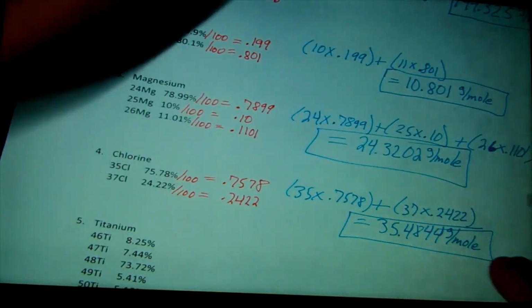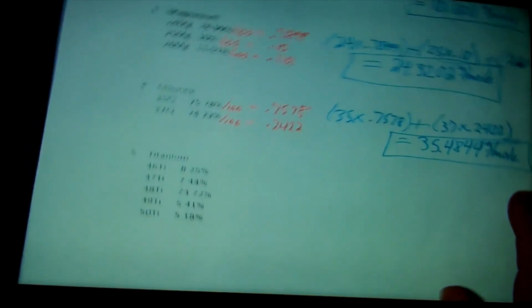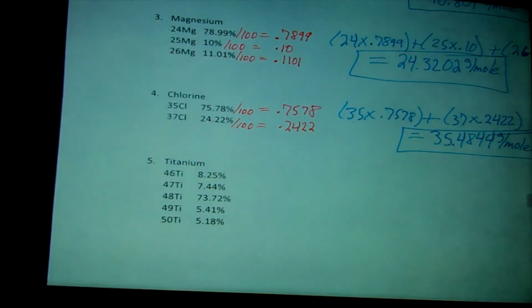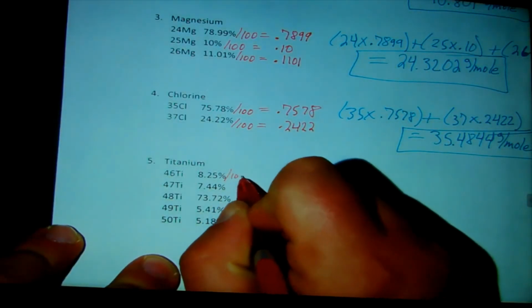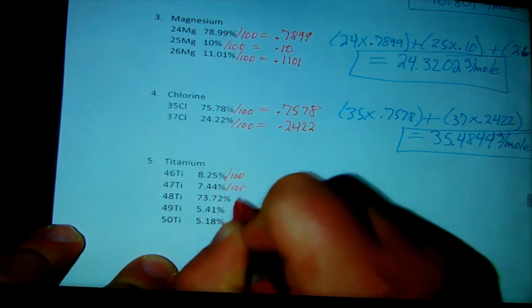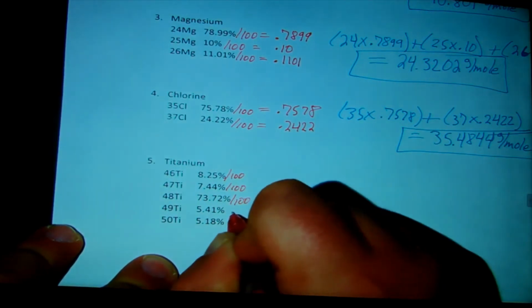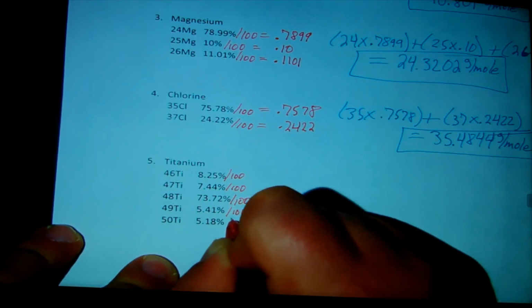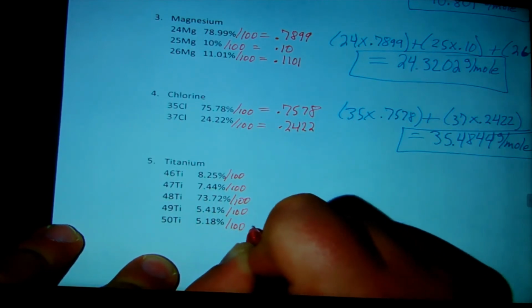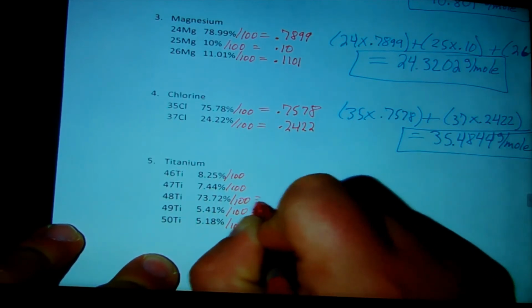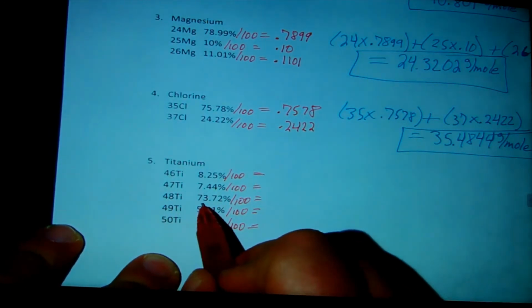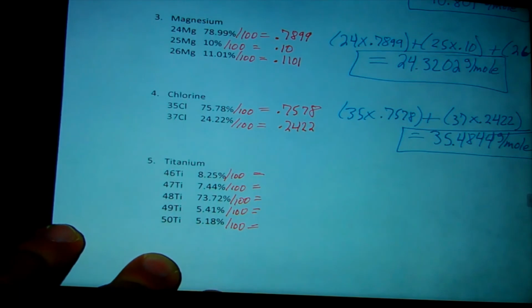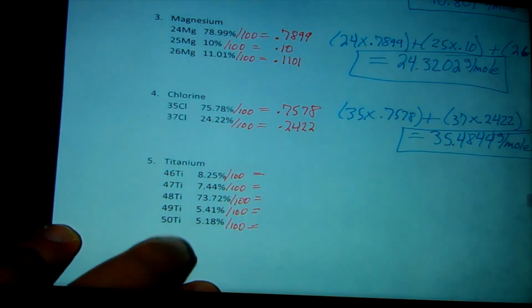All right, let's look here. Last one, number 5, titanium. We're going to do what we did before. We're going to divide all these by 100. While I'm doing this, what number do you think the average atomic mass of titanium will come close to? Hopefully, you said 48, because titanium 48 literally is 73.72% of titanium.